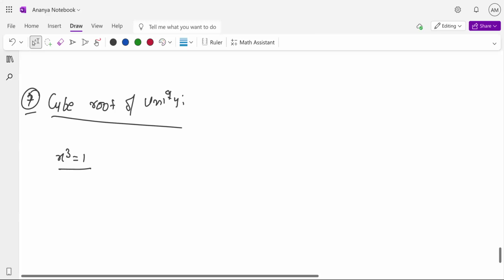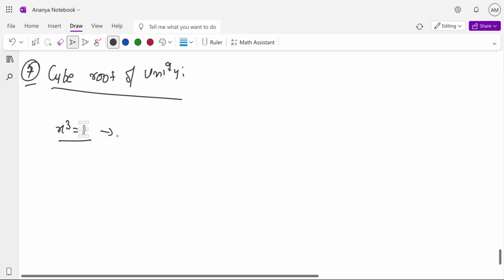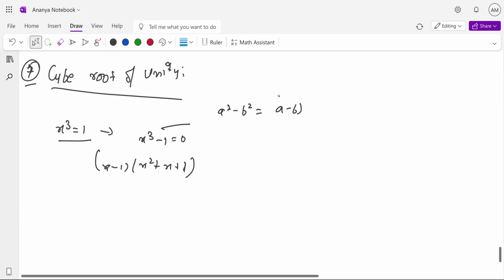Okay, let's see. I can rewrite this thing as x cube minus 1 equals 0. And this can be rewritten as (x minus 1)(x square plus x plus 1). Basically this is the property of a cube minus b cube, which can be written as (a minus b)(a square plus b square plus ab).